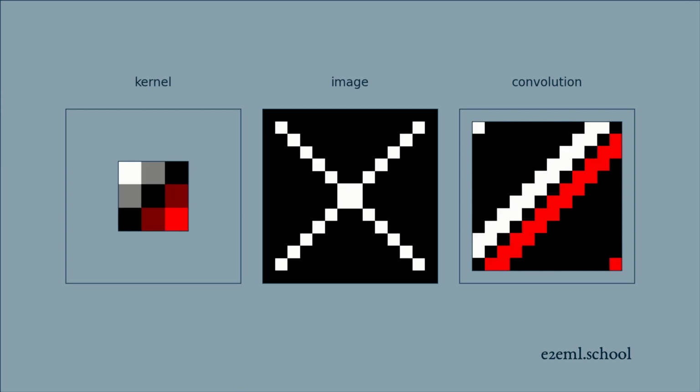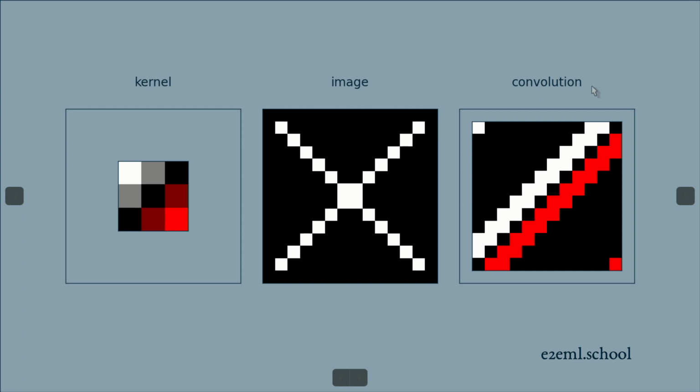Here we see an even more striking example of convolution as feature detection. So we have our diagonal gradient kernel, we reverse it, and we convolve it with this image of an X. And as expected, it matches the right-leaning arm really strongly, both on the leading edge where it goes from dark to light and on the trailing edge where it goes from light to dark.